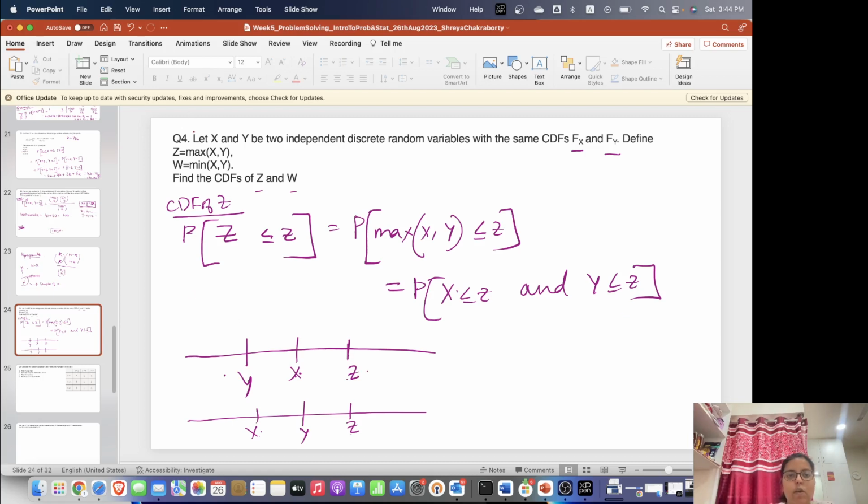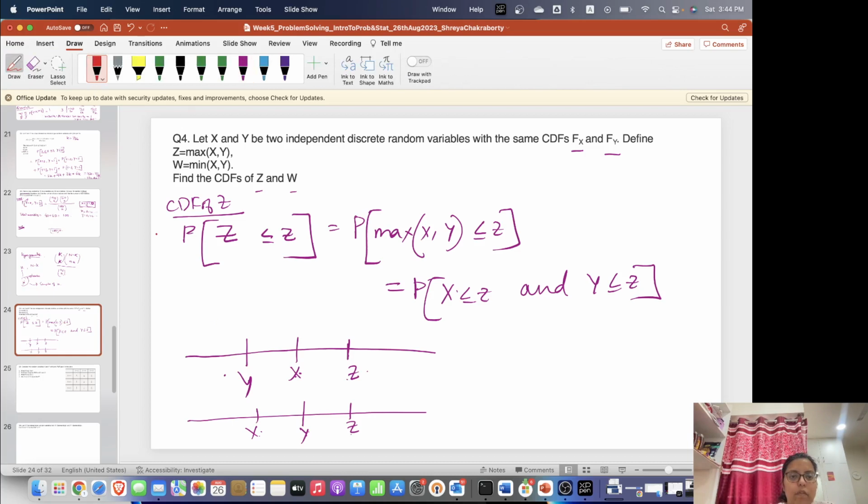Right? Suppose we had something like this: z here, x here, and y here. Then the maximum of x and y will exceed z. Exactly. So for the maximum to be less than or equal to z, both x and y should be less than or equal to z. So we can write it as the intersection: x less than or equal to z intersection y less than or equal to z.